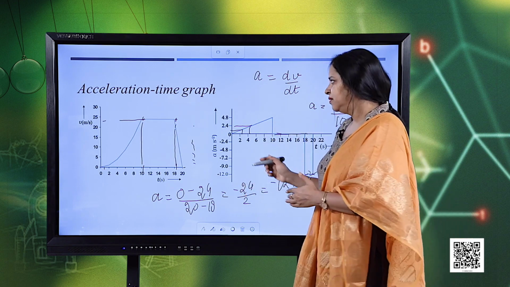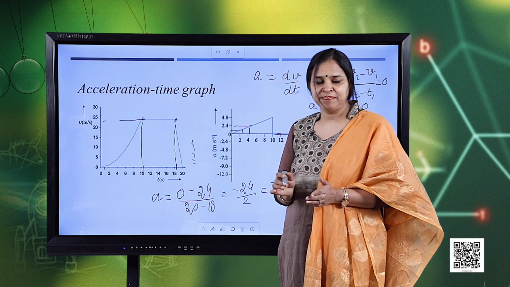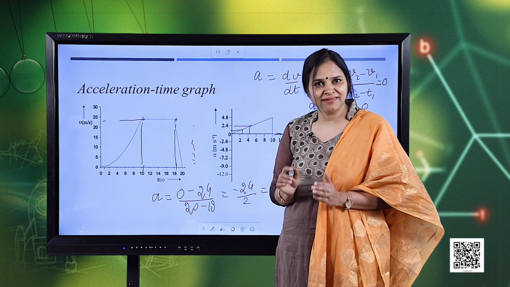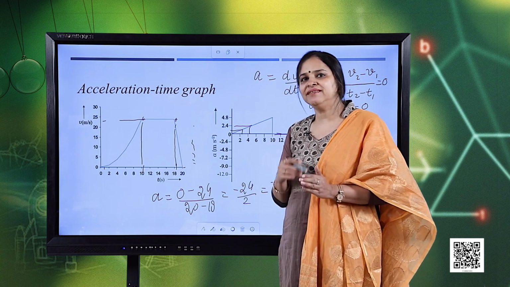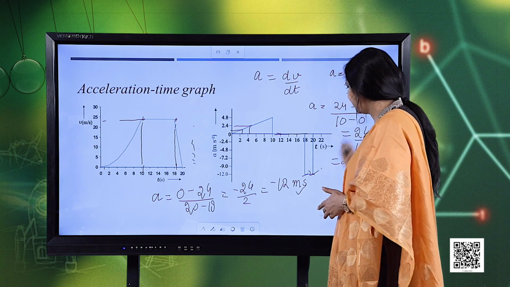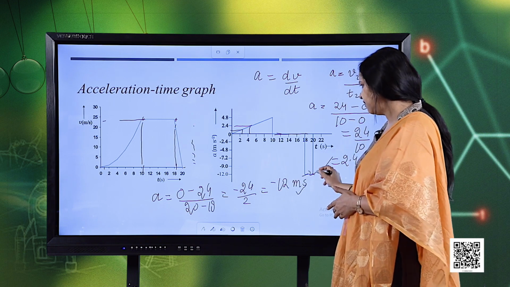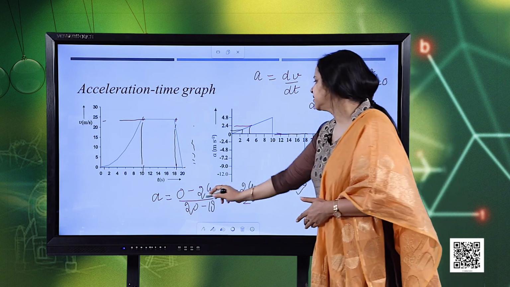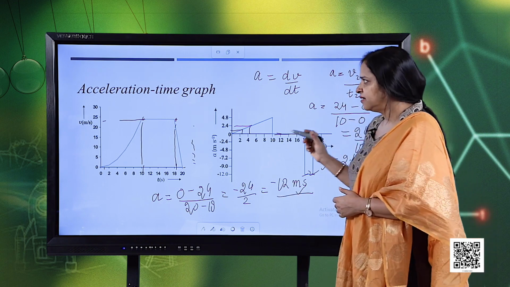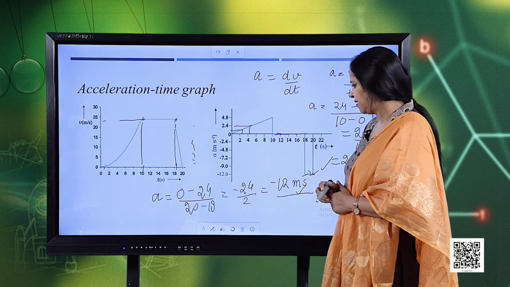But if the graph is a straight line inclined to the time axis, then it represents uniform acceleration. So, the acceleration at every instant will be the same as the average acceleration, as we can verify from this graph. It is minus 12 meter per second square graphically, and the average acceleration has the same value. So, this is how we can plot an acceleration time graph using a velocity time graph.